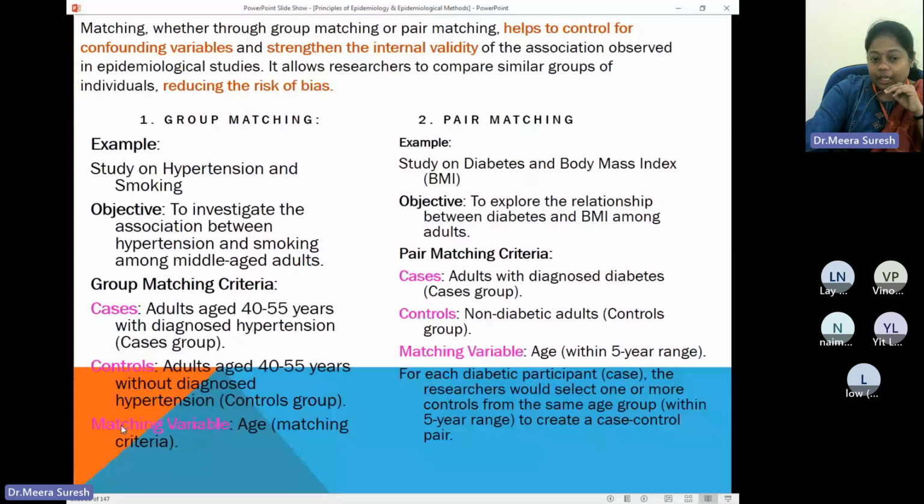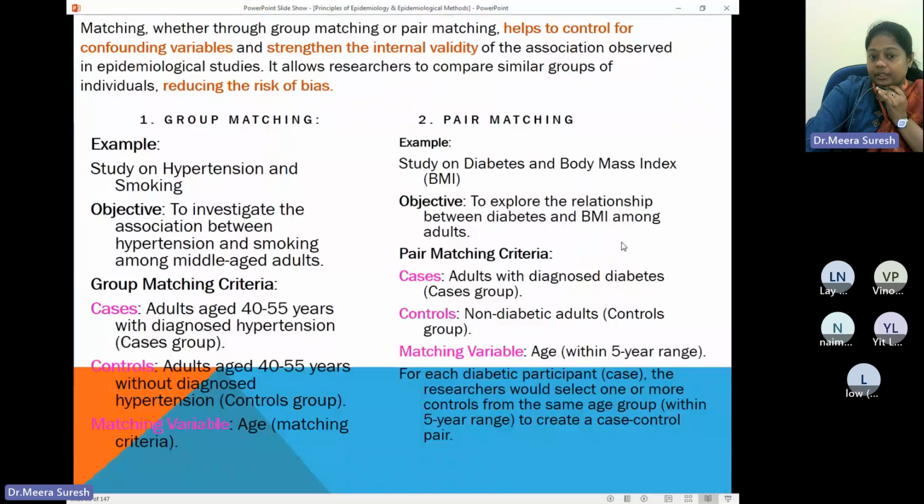So they shouldn't have hypertension and they belong to the same age group. So that is group matching. You group the people according to one criterion, which was age, and then you select the controls according to that group matching.